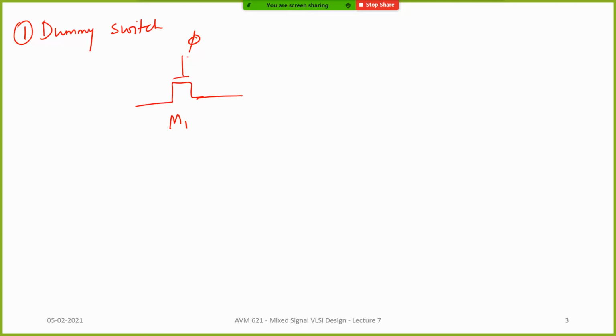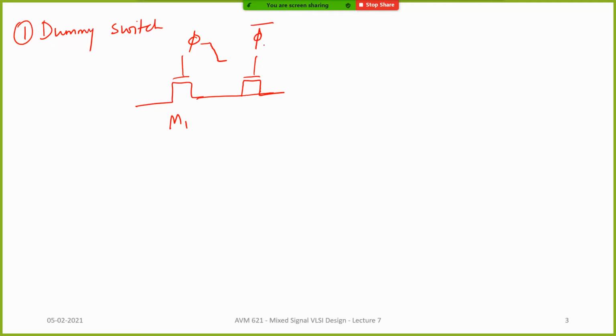Okay. Now, the problem basically happens when this phi is going low, right? So what we are going to do is add a dummy switch. Now, the reason it is dummy is because its source and drain are shorted. Okay. So in effect, it is really not doing any switching work. Okay. And this is given phi bar. Okay.